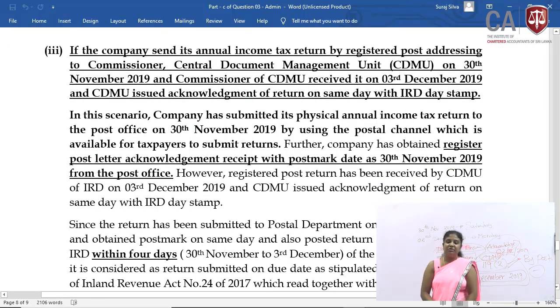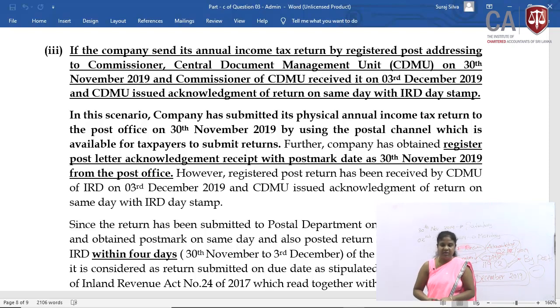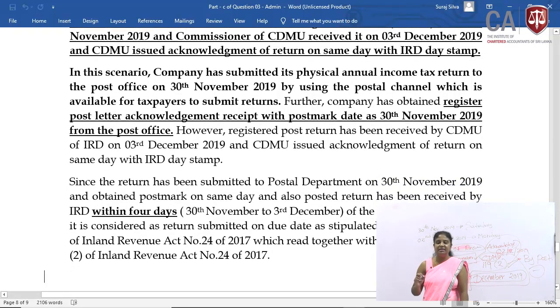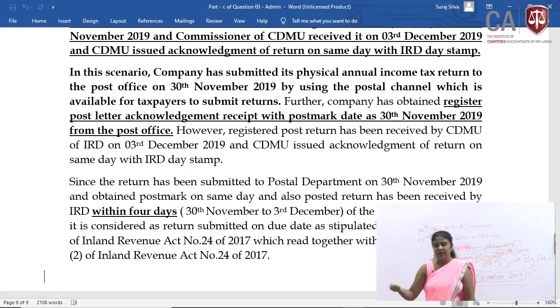The question: if the company sends its annual income tax return via registered post addressed to the Commissioner CDMU on 30th November, and CDMU received it on 3rd December 2019, and CDMU issued the acknowledgement of return on the same day with the IRD stamp. This is the scenario. Now the answer: in this scenario, the company has submitted its physical annual income tax return, that means the manual hard copy tax return, to the post office on 30th November 2019 using the postal channel.